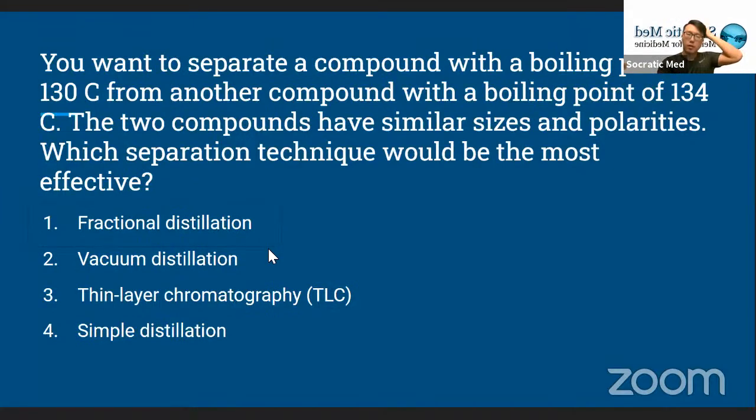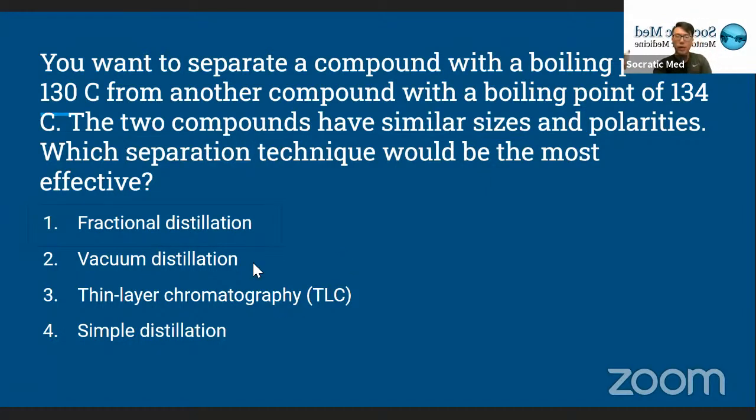Like I said before, fractional distillation is used when the boiling points of the compounds are very similar, less than 25 degrees Celsius apart. Since they have boiling points of 130 and 134, you would have to use fractional distillation to separate them. Vacuum distillation is when the boiling points are over 25 degrees apart, but their temperatures are greater than 150 degrees Celsius.